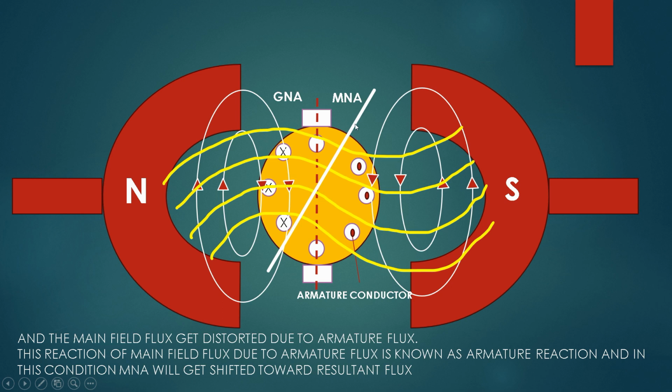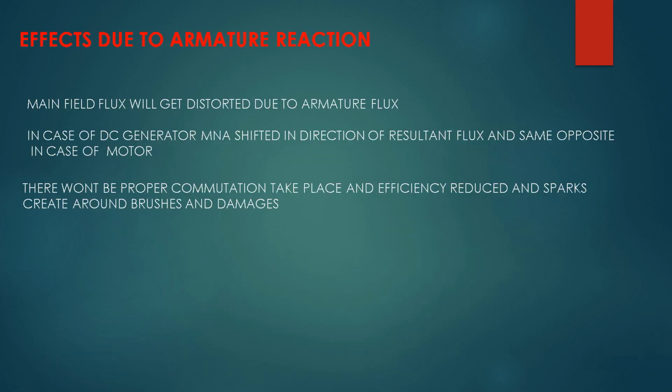So now the neutral axis is shifted over here. When the neutral axis is shifted, it will create a spark on the brush and it will damage the brushes also.